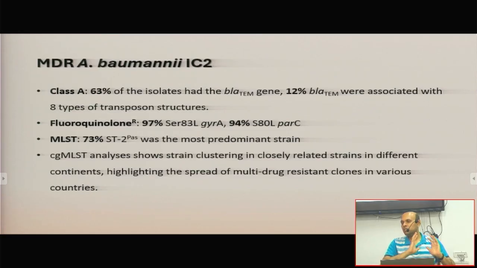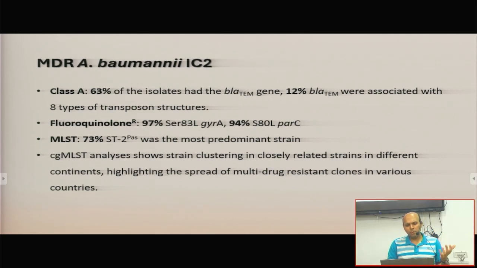You can put it in this particular clonal complex, in this particular lineage, in this ancestry. So you can understand evolution and what happened in the past, 100 years, 200 years.